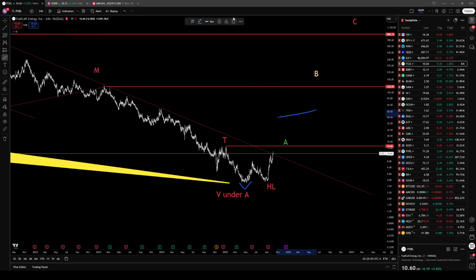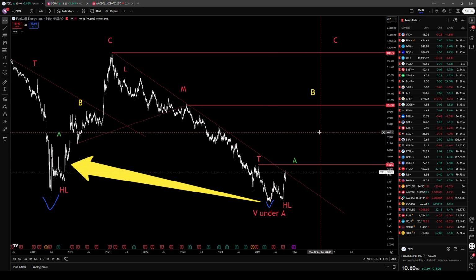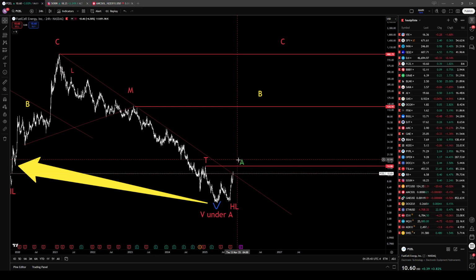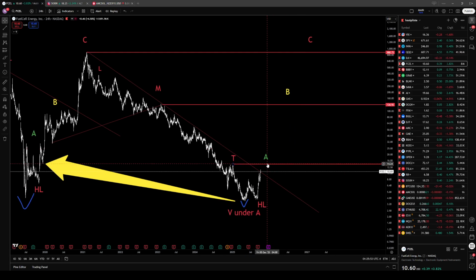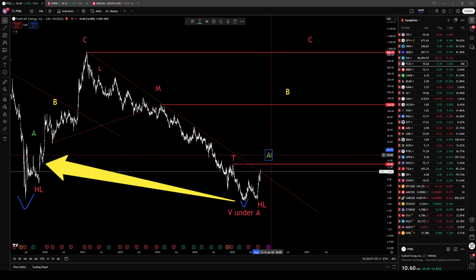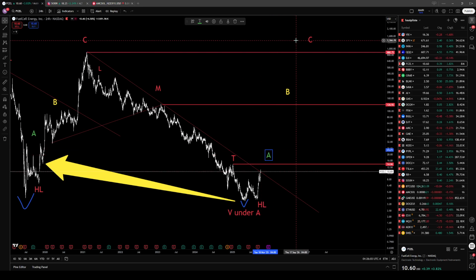For the next target, after A, I mean, A is normally at the level of T. It can be a little bit lower, it can be a little bit higher, or in a case which I'm showing later on, you can just do ABC in 1, 2, 3 candles.